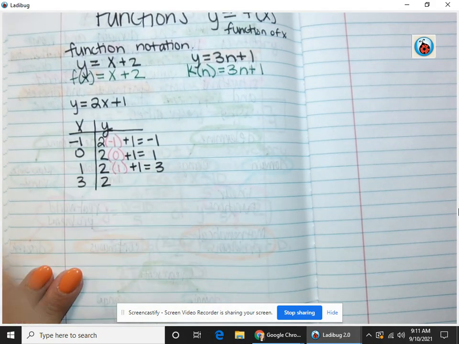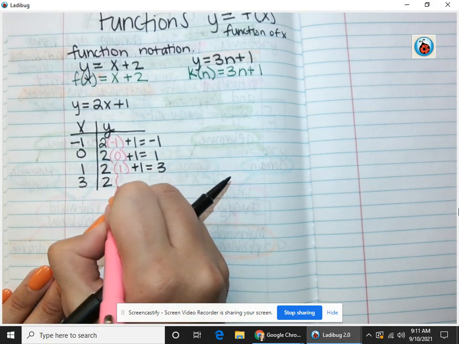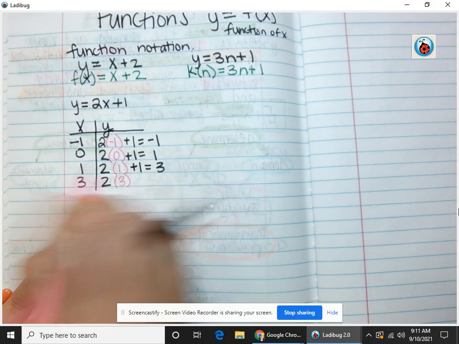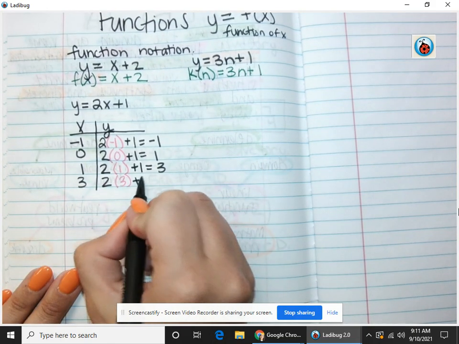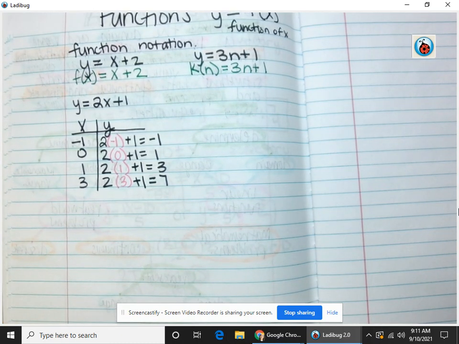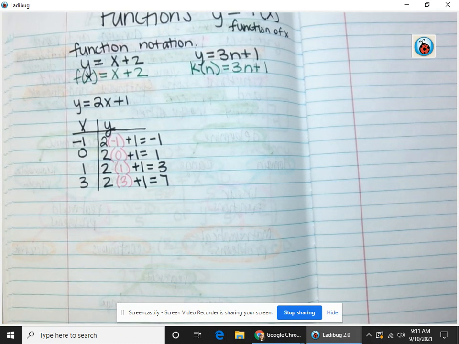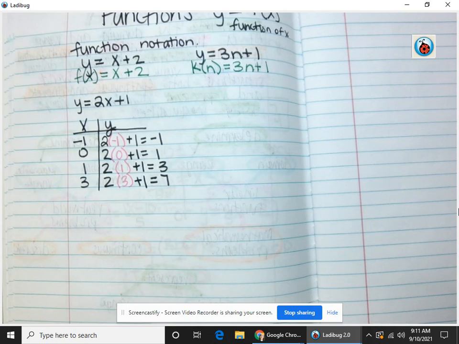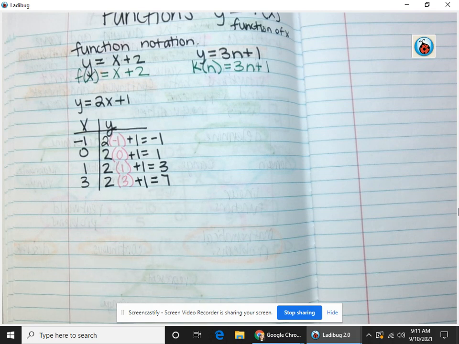If I plug in 3, 2 times 3 is 6, plus 1 is 7. So this is part of a function: figuring out what your y value is if you have your x values, and vice versa.